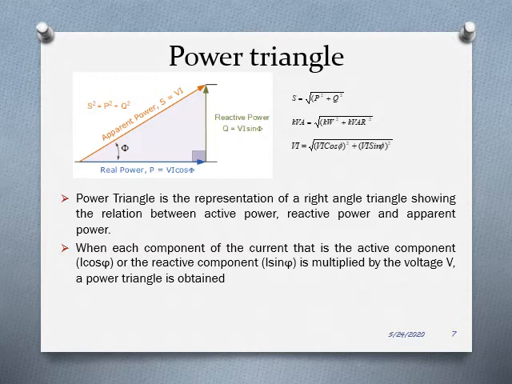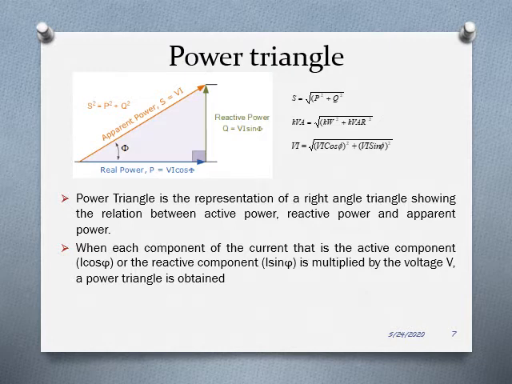Now this figure actually shows the power triangle exclusively for an inductive reactance. If it was a capacitive reactance, then this right angle triangle would be facing downward. So the reactive component of power is VI sin phi.